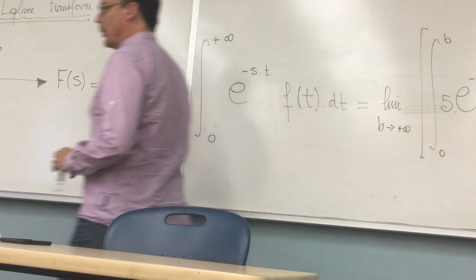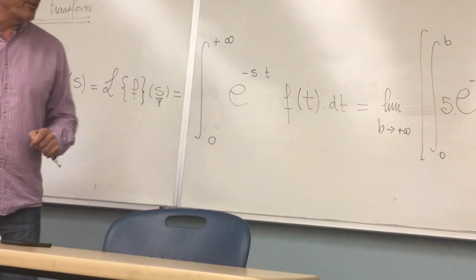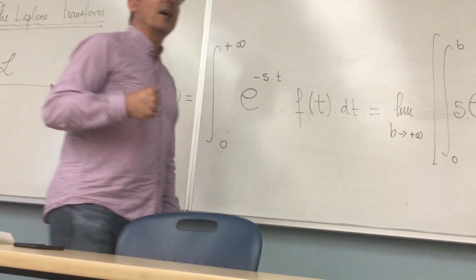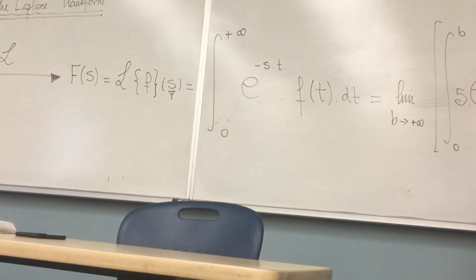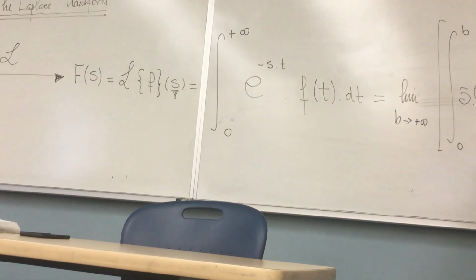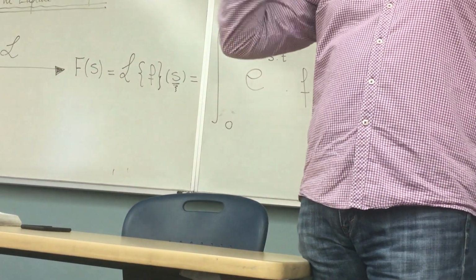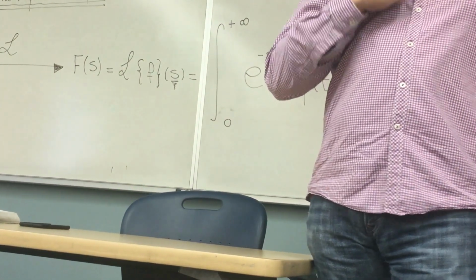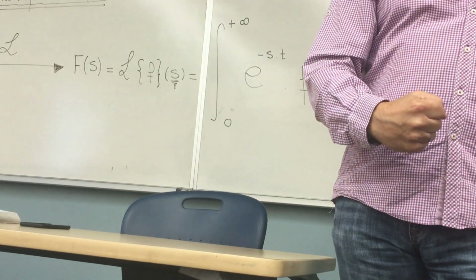Let me give you an example. Well, before that, we got the definition, now we want properties. Properties of the Laplace transform, specifically not all properties, the ones that will be useful to us in solving initial value problems using the Laplace transform.